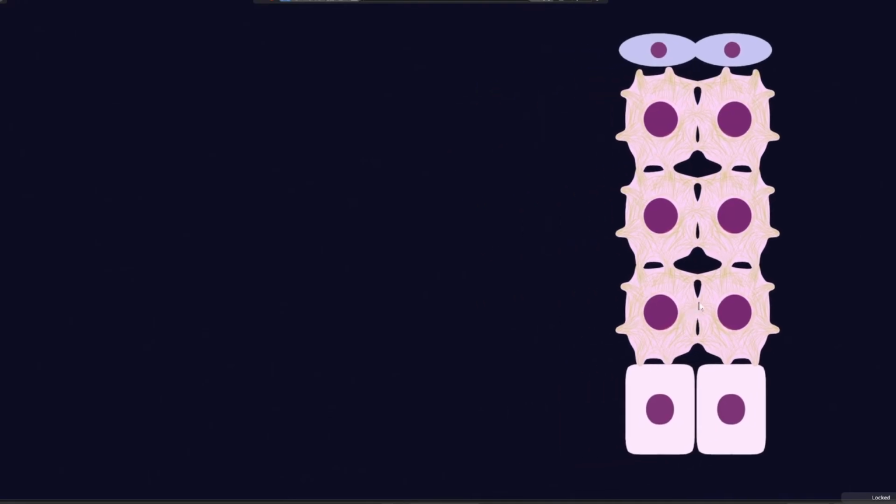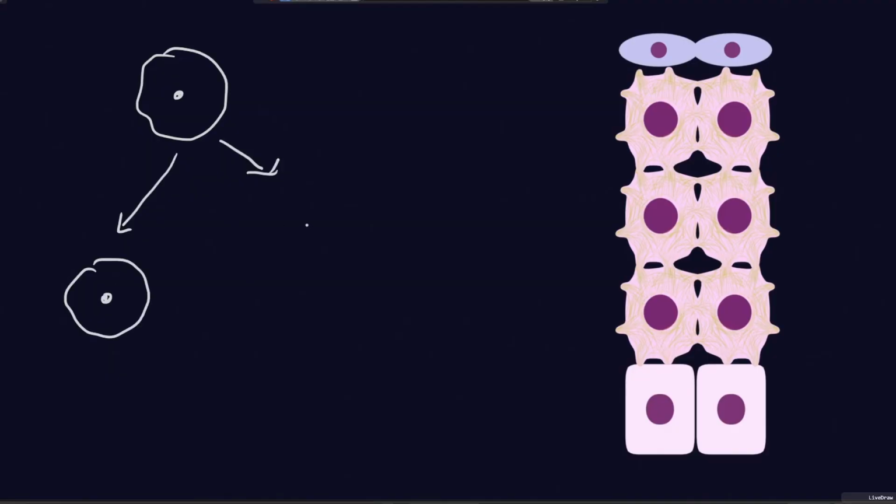So now, before going further, let me tell you something about these basal cells. Typically, if this is a cell, it may divide into two cells, and these two cells will go on to become specialized, and they will become very different from their parents, right?